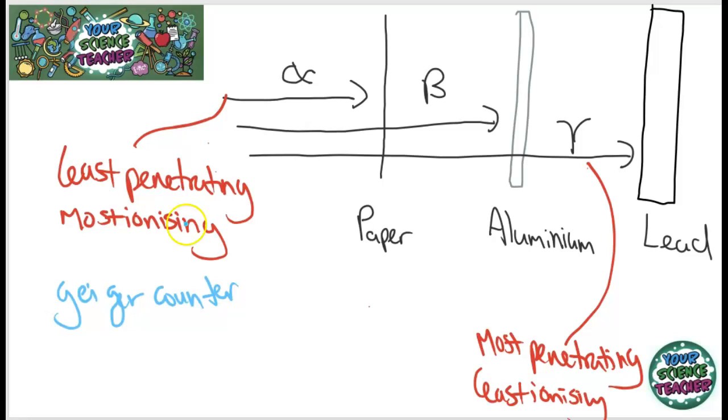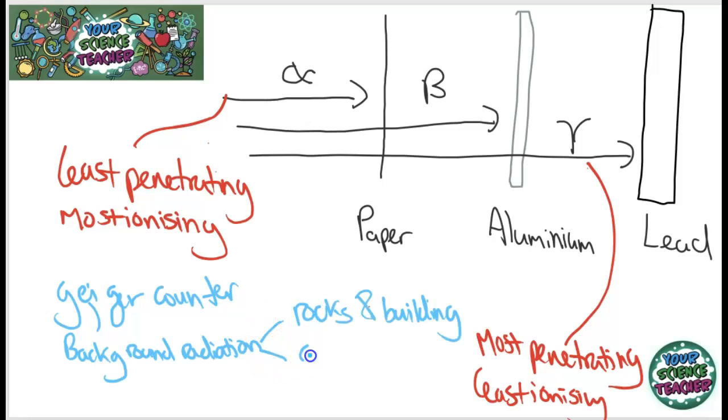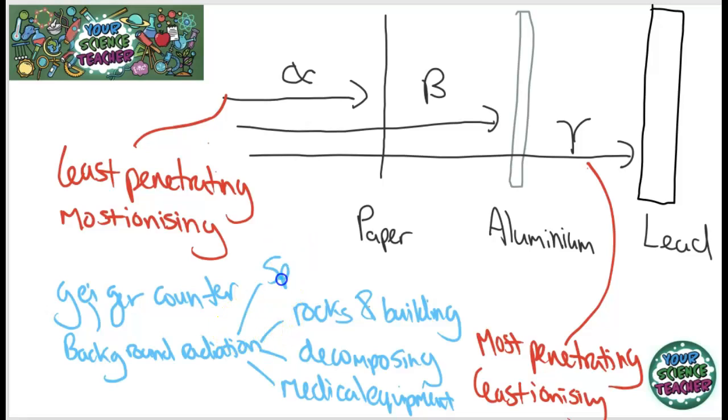This is because there is something called background radiation. The sources of this background radiation come from things like rocks and buildings, anything that's decomposing. All the medical equipment making X-rays causes some forms of radioactivity, and you also get some background radiation from space.